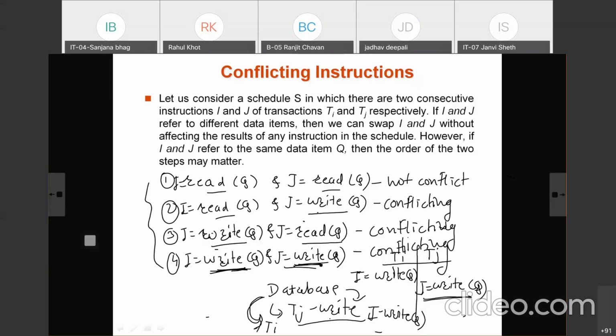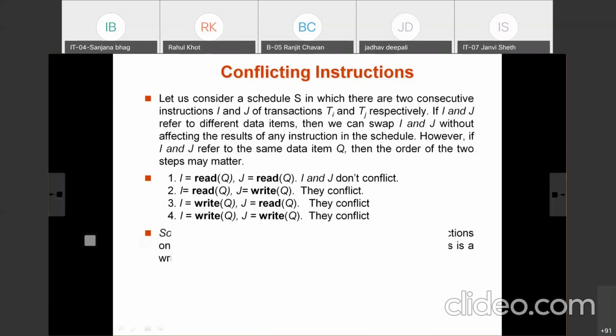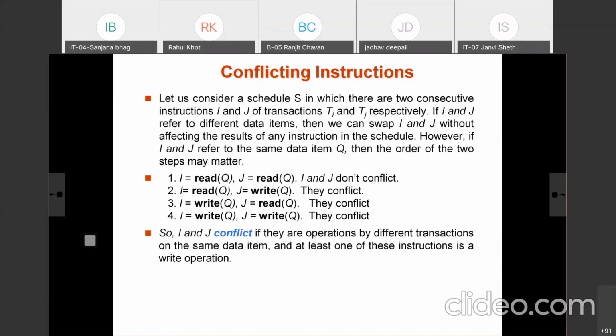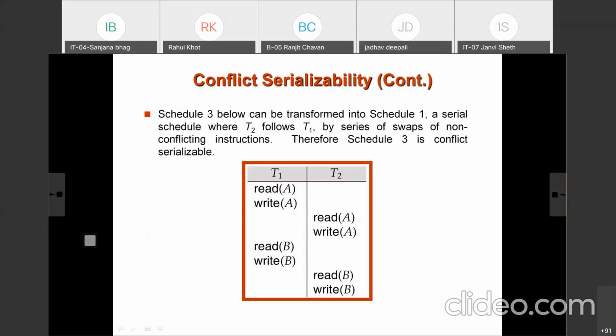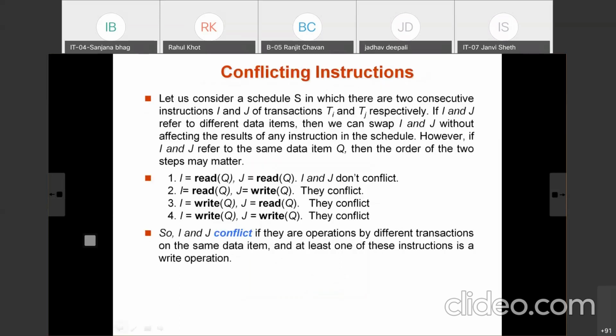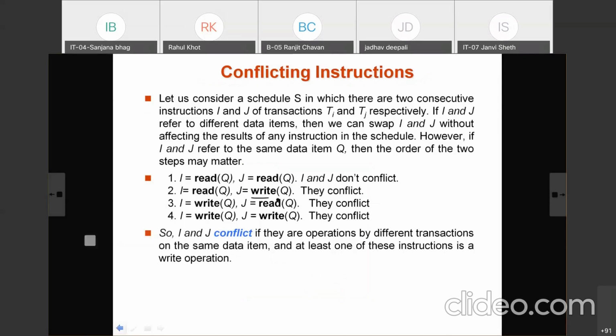So according to these four cases, I and J conflict if they are operations by different transactions on the same data item, and at least one of these instructions is a write operation.